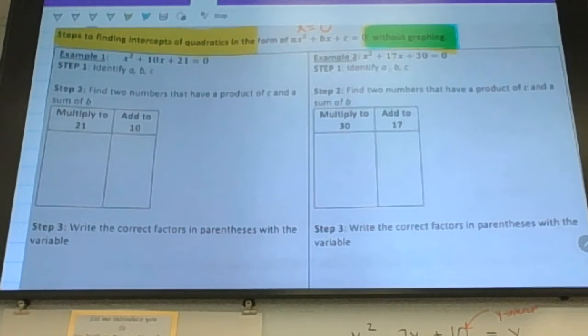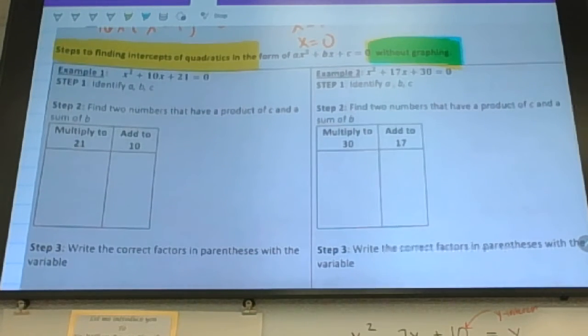Step 1, identify A, B, C. A is the coefficient of x squared, B is the middle number in front of x, and C is the constant. So here A equals 1, an invisible 1 in front. B equals 10, and C equals 21.